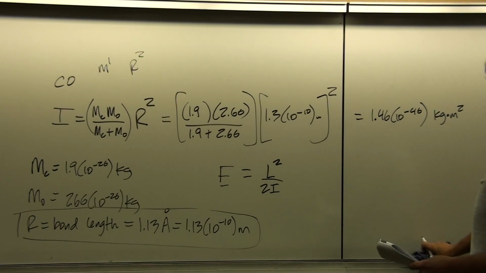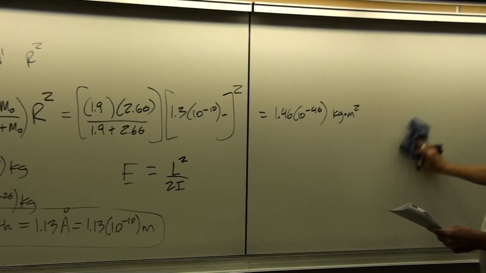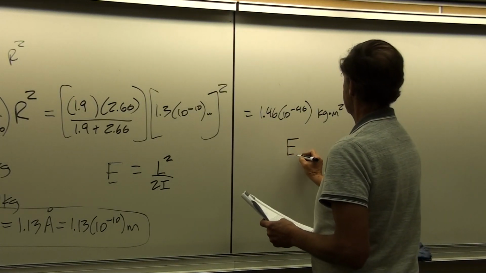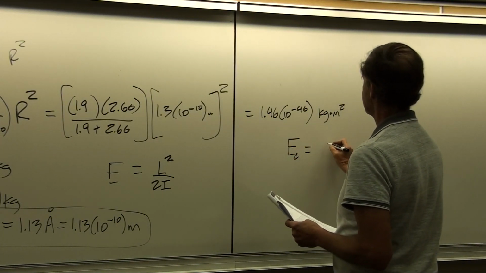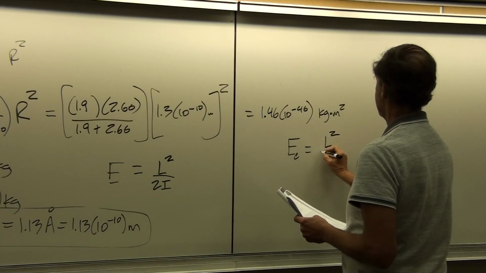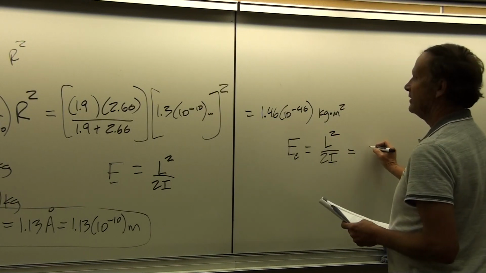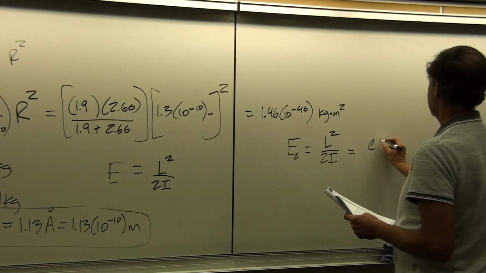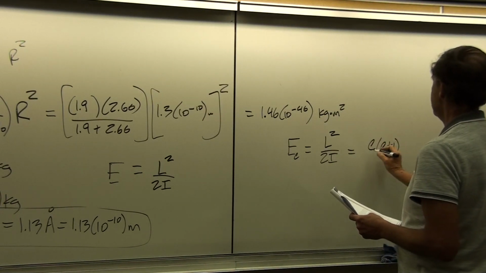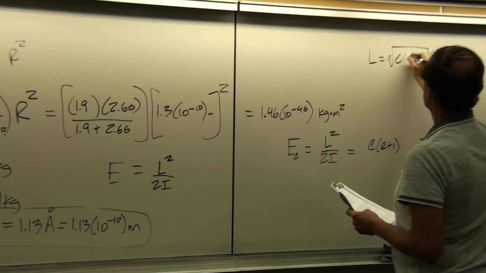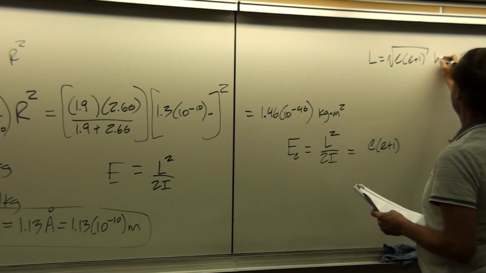And so once we have our I value, then we should be able to figure out the energy of the different excited states. Remember, the E of L states are equal to L squared over 2I. But L, angular momentum, is the square root of little l times L plus 1, h bar.